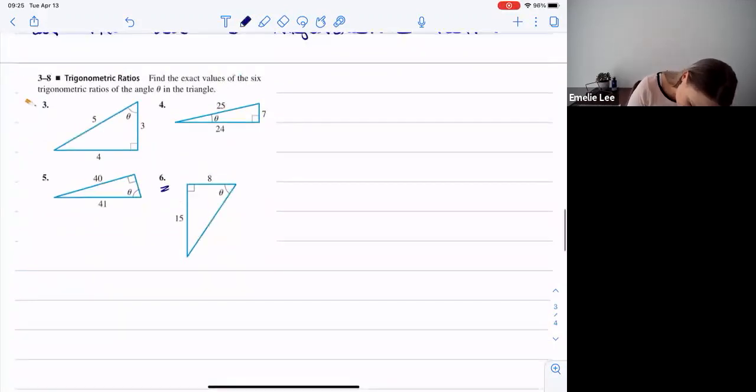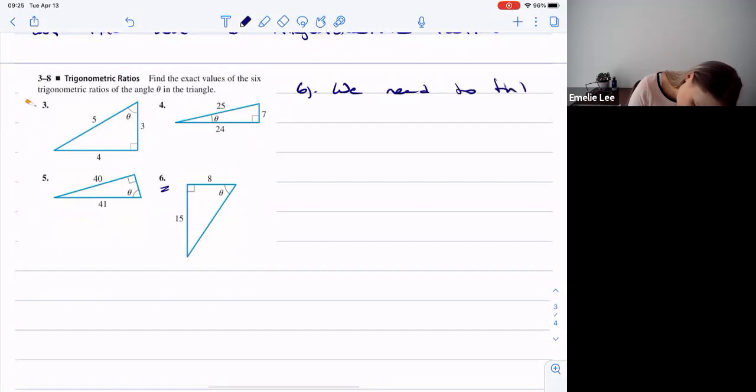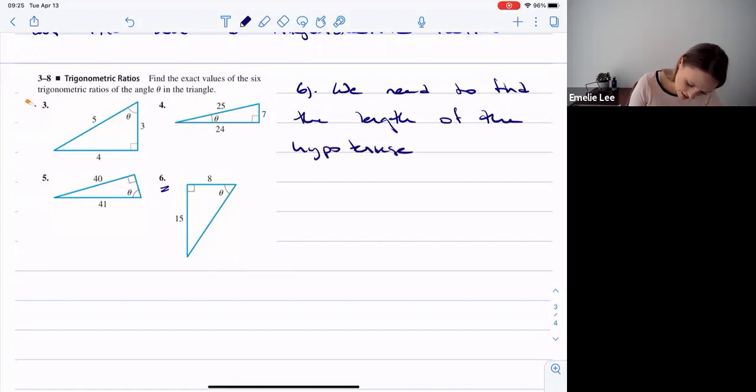So 6. You need to find the length of the hypotenuse. Because it's a right angle triangle, we can use the Pythagorean theorem.